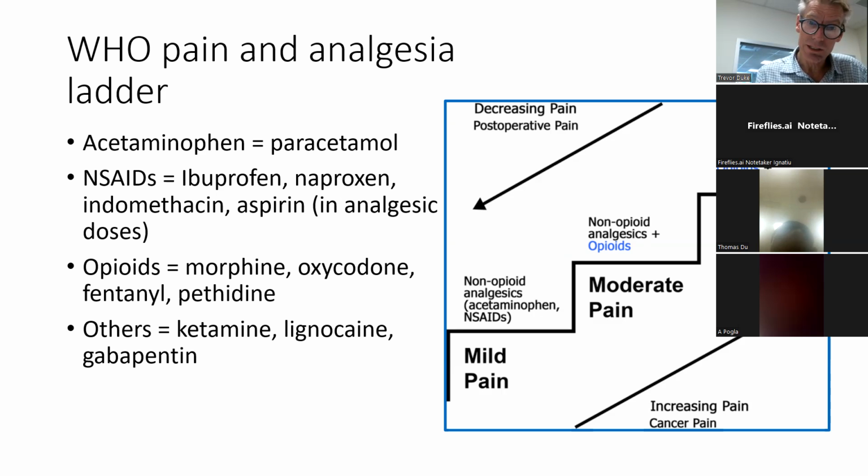And then there's two other agents, lignocaine, which you know as a local anesthetic. We often use lignocaine into soft tissues or into skin to anesthetize the area. It can also be given intravenously. And as you know, it has a cardiostabilizing effect, but it also has an analgesic effect.